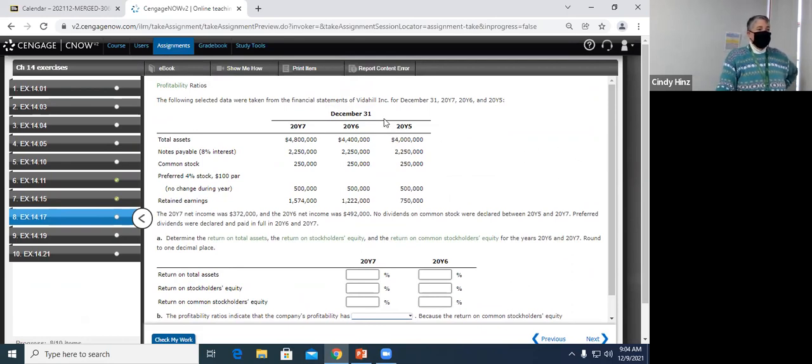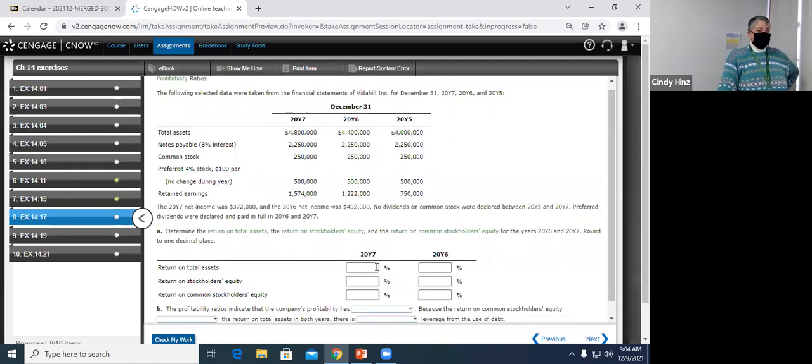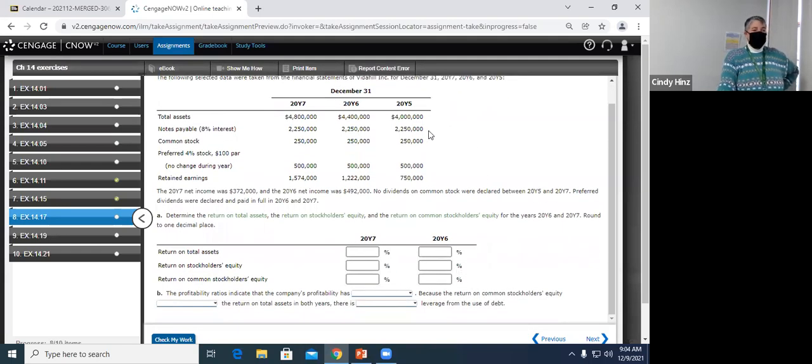So we have some data for Vita Hill Incorporated. You can see the data are for 3 years. And we'll be doing the calculations just for the 2 years, but in some cases, we're going to need that third year because we need the beginning balances for 2016.